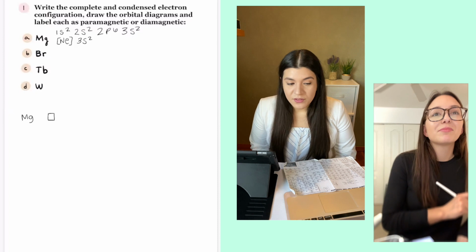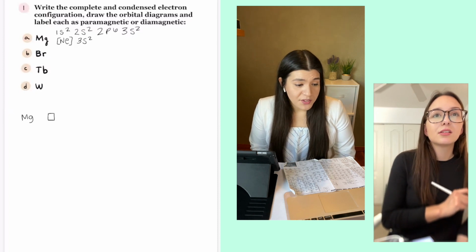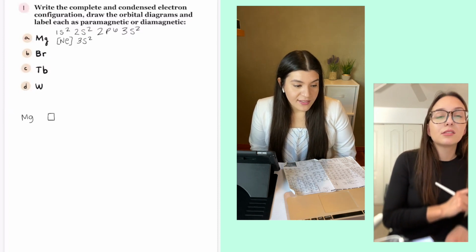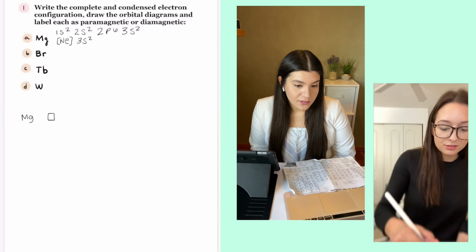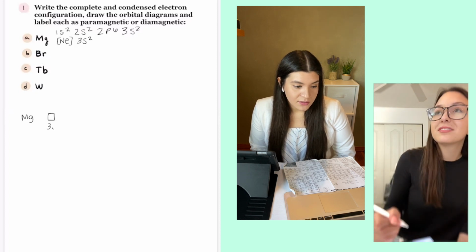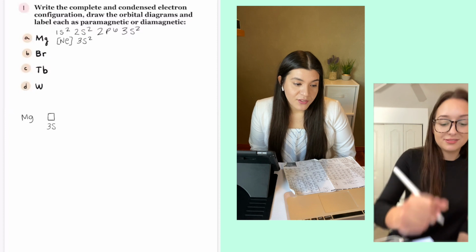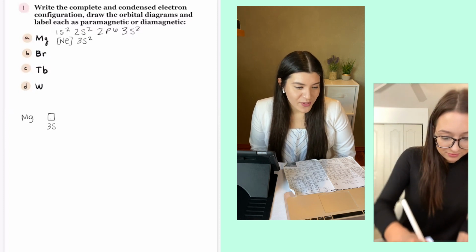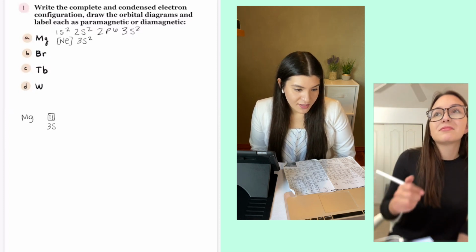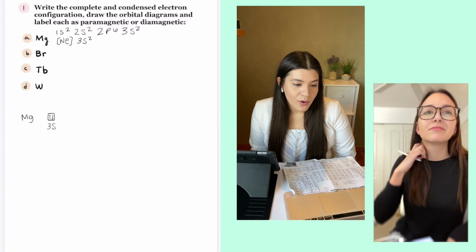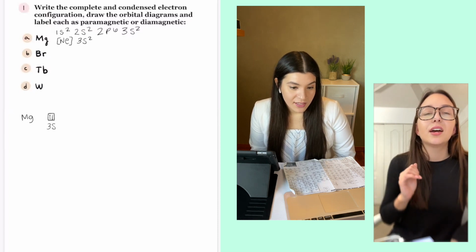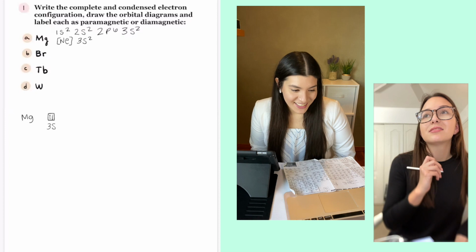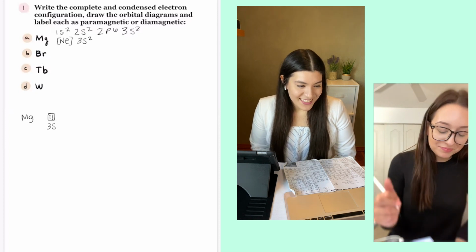You drew your box, that's correct. You would write 3s underneath the box. Good. And then we have 2 electrons, so we would fill that. I know this one's a little bit simpler. And is this paramagnetic or diamagnetic? It's diamagnetic. Good. Perfect.